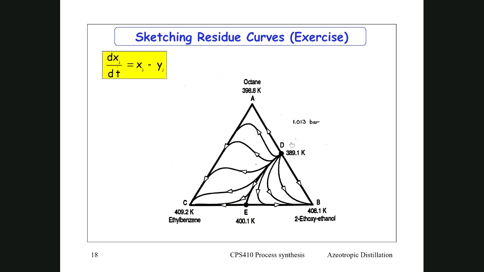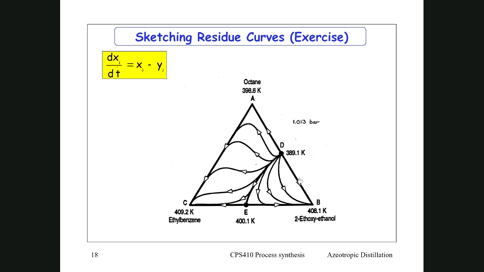Now, once you've got those, you will have a boundary going from D to E, and the only way you can fill in the residue curves, this area here looks very much like the area that we had before, where this is A, B, C in order of volatility, most volatile, least volatile.